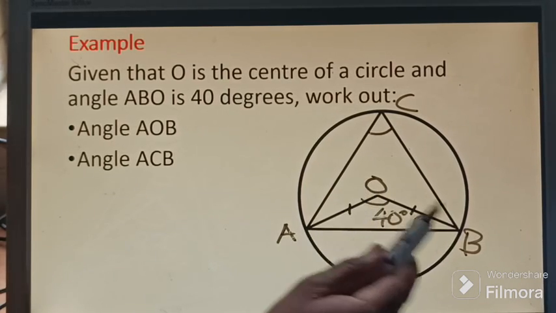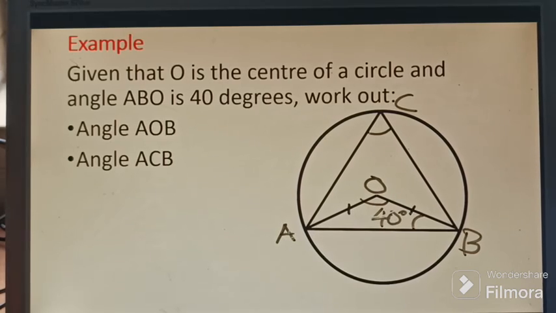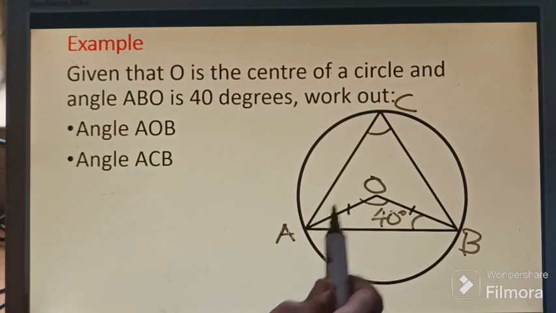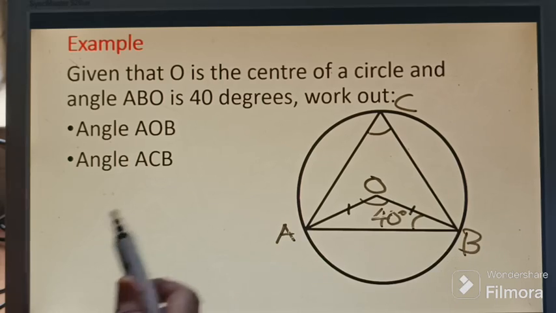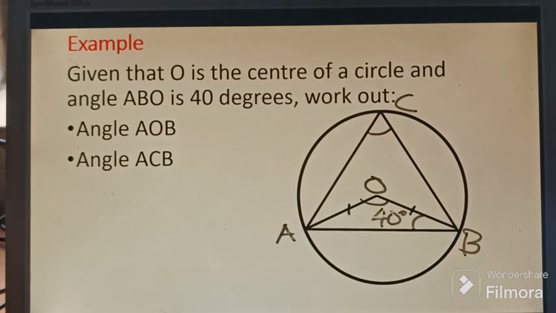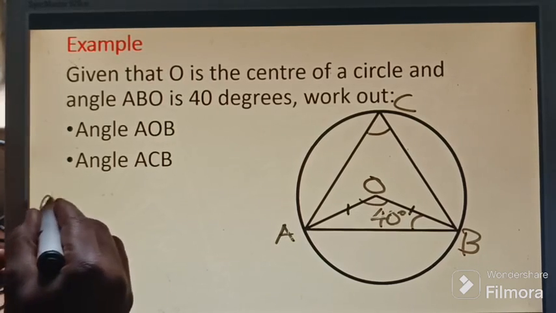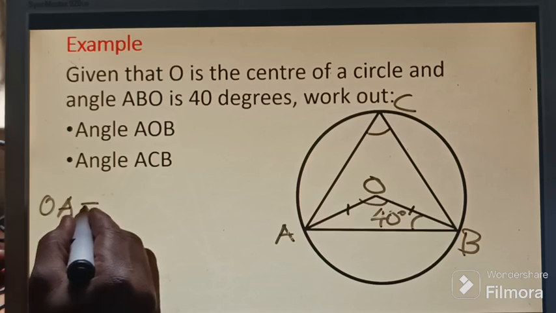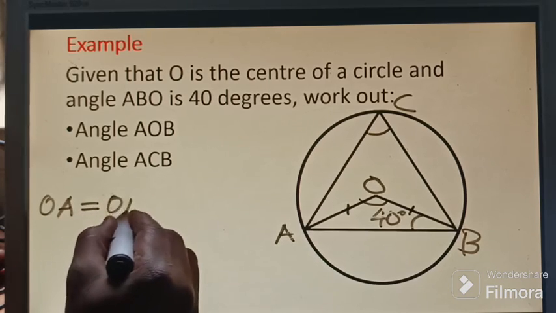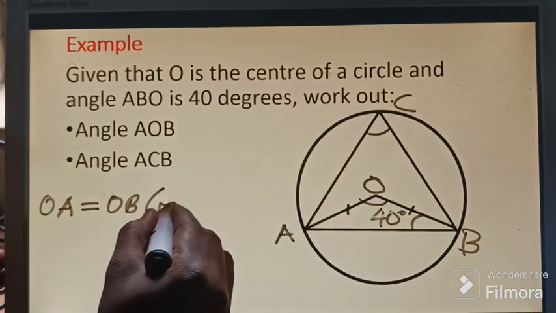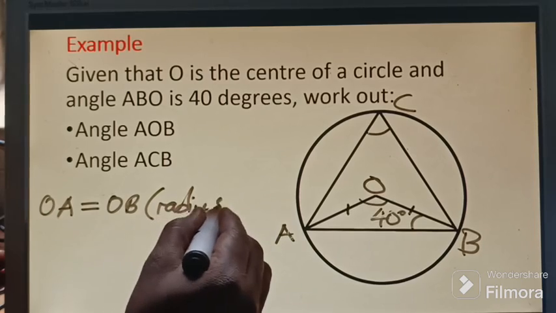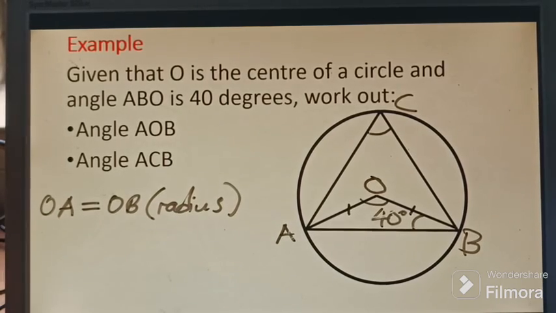Because OB is equal to AO, or OA is equal to OB, because all of them are radii. So we can start from there. OA is equal to OB. Reason: they are radii, and radii are equal.